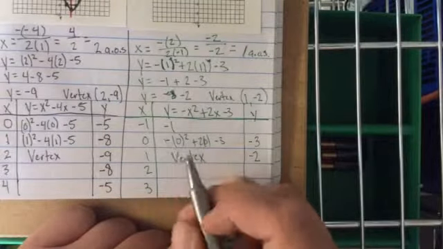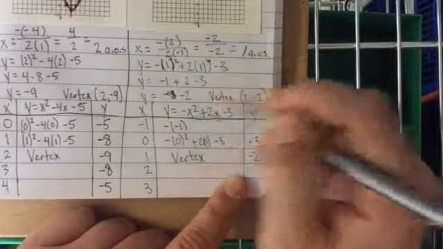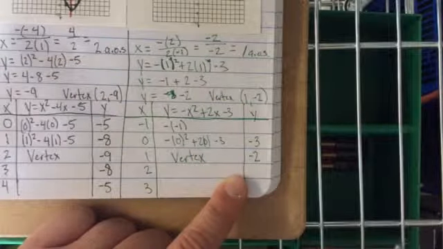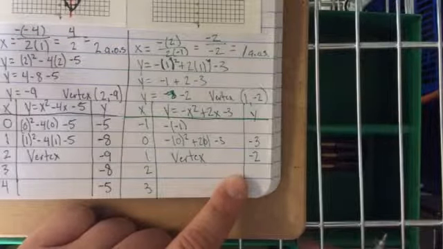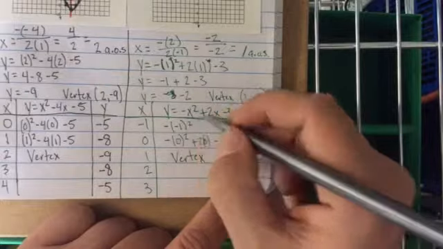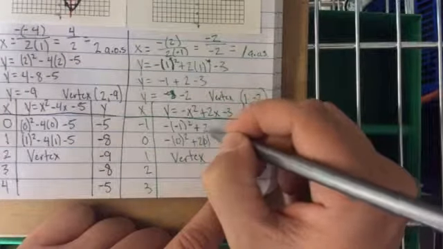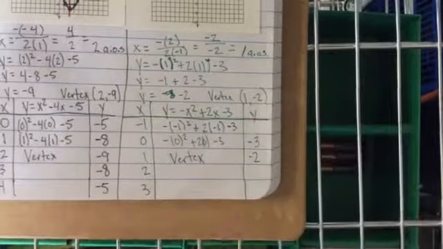Now, let's substitute in this negative 1. Once again, need to remember that we put parentheses around what we're substituting in for x, or for a, or for any variable. So the negative of negative 1 squared plus 2 times negative 1 minus 3.